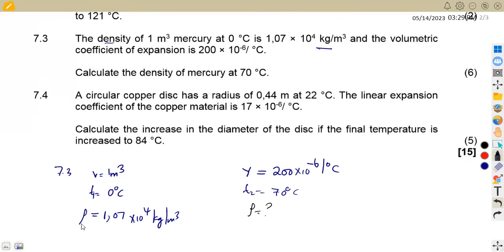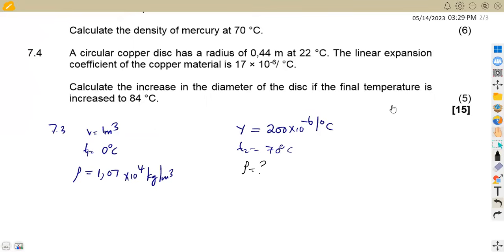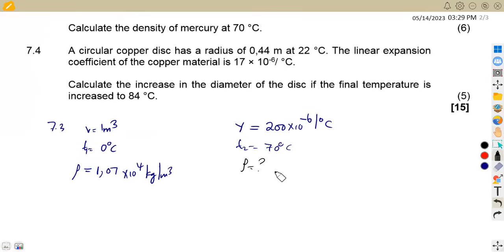Just like the previous part where we are given the density, what you ought to understand is that the density can be calculated if we know the volume, because density is equivalent to mass over volume.